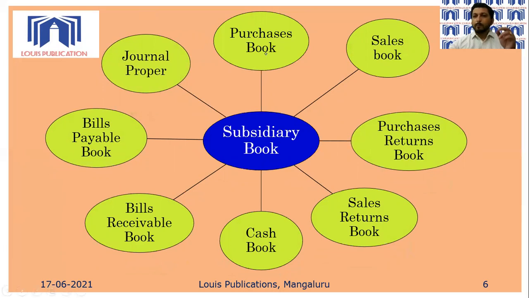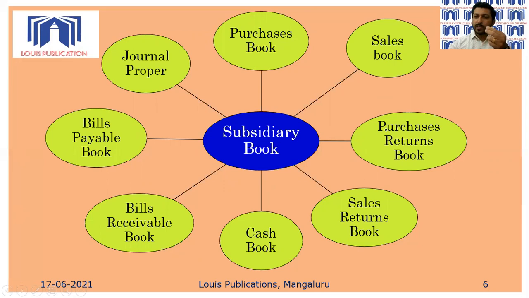So in brief, in the purchases book, we will record credit purchases of goods only. In the sales book, we are going to record credit sale of goods only. In the purchase returns book, we are going to record 3 aspects.